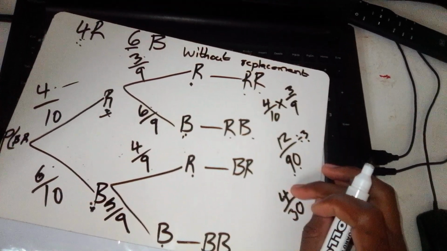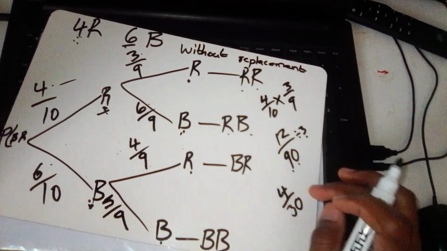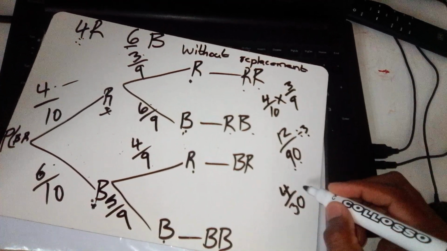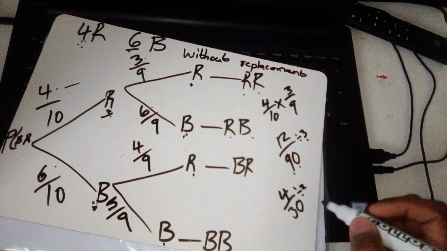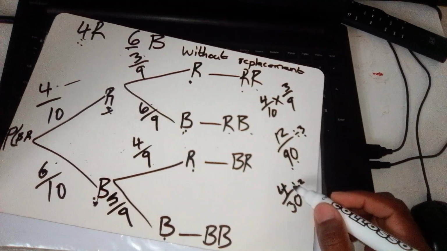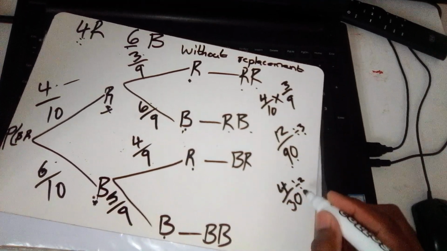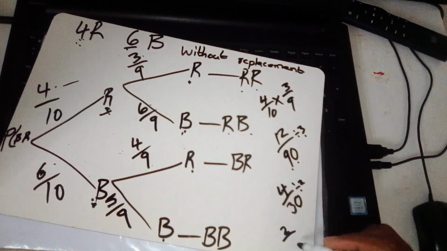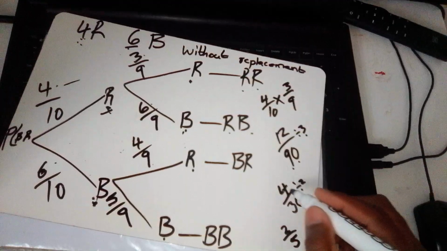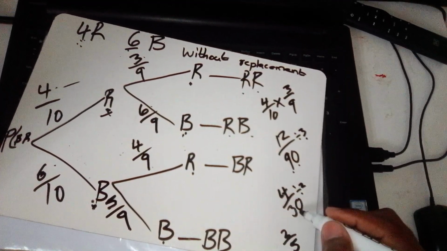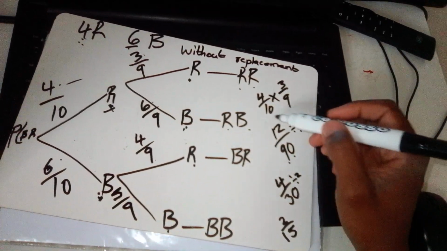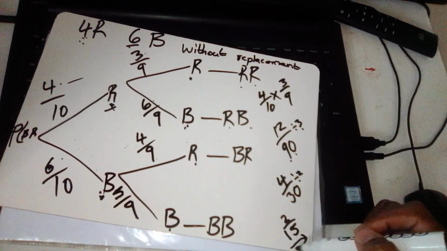But we still have 4 over 30, and we can still reduce this number by 2. Half of 4 is 2, half of 30 is 15. So it's going to be 2 over 15. This should be our final answer.